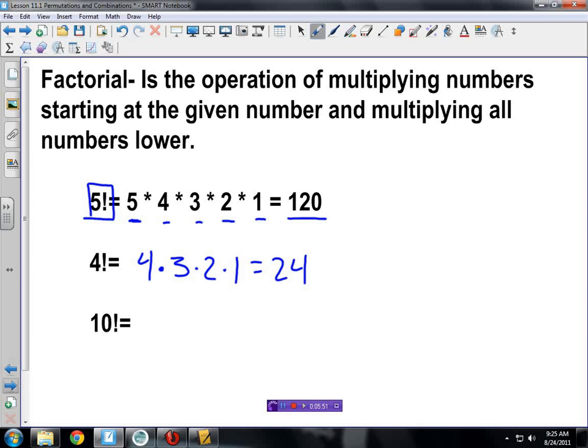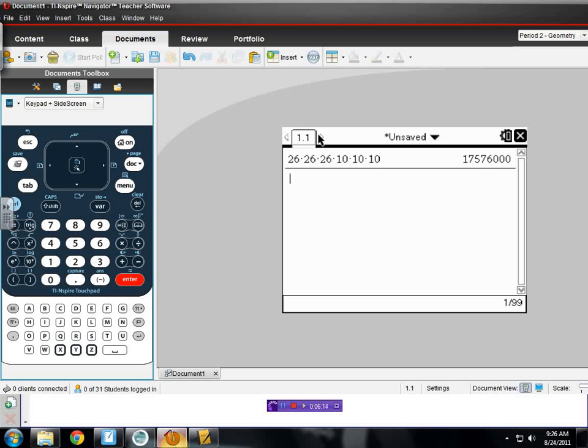And then 10 factorial. You're going to start at 10, then 9, 8, 7, 6, 5, 4, 3, 2, then 1. That's a lot of multiplication, and I don't think I want to do that in my head. In fact, it was kind of a pain just writing it out. In those cases, it would be nice to use our calculator, which does have a factorial button.